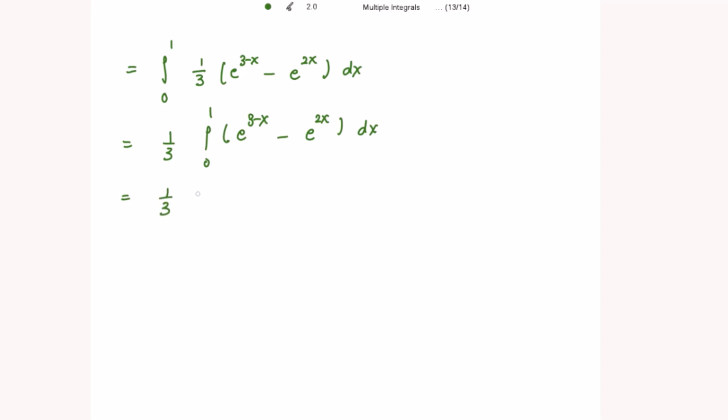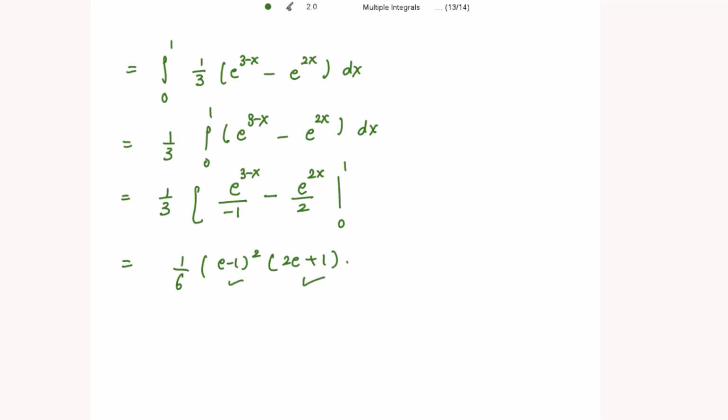So this is 1 over 3 times [e to the power 3 minus x over minus 1 minus e to the power 2x over 2] from 0 to 1. When you put these limits, you will get the answer as 1 over 6 (e minus 1) whole squared (2e plus 1). If you get a little bit different answer, then please open these brackets and solve. You will get your answers to be the same. So you can also try the other case. You will get your answer to be the same.